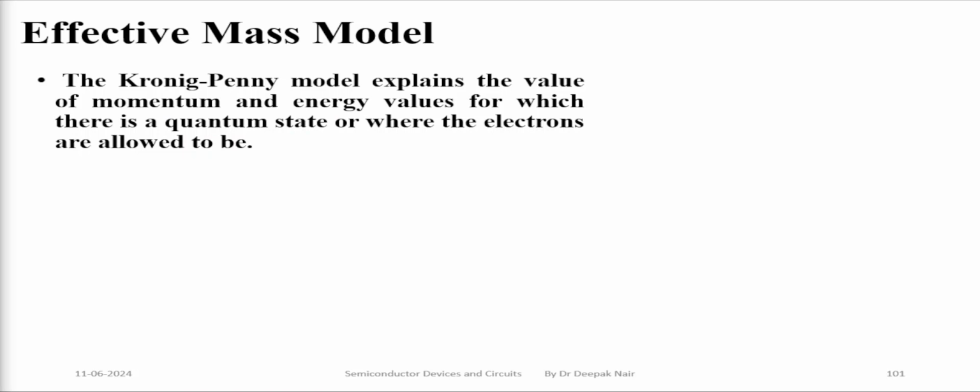So now the question is how the Kronig-Penney model can be used to go deeper and understand the behavior of electrons with respect to their momentum and energy.